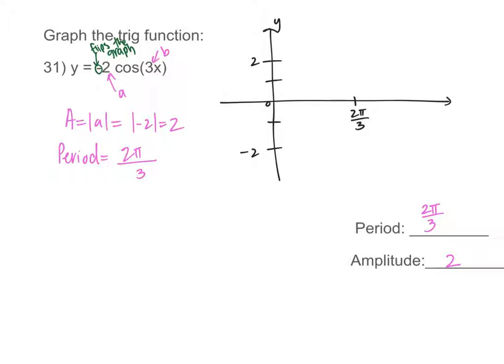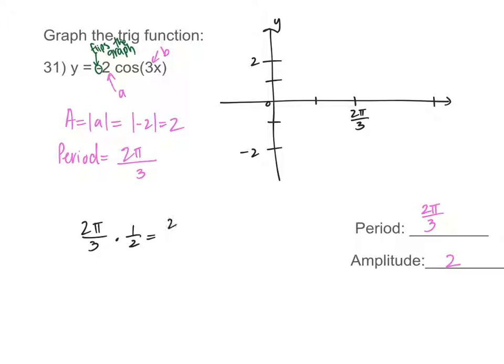If I were to add another one, this would be 4 pi over 3. Actually, I'll do that later. I don't really need to do that right now. Okay, so if this is 2 pi over 3, what is 2 pi over 3 cut in half? You can multiply that by 1/2 to do that.